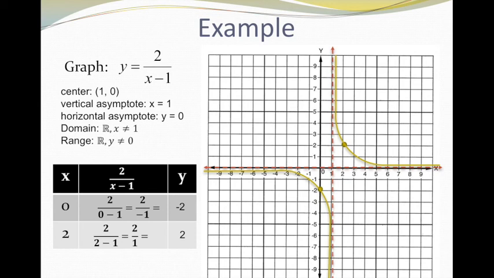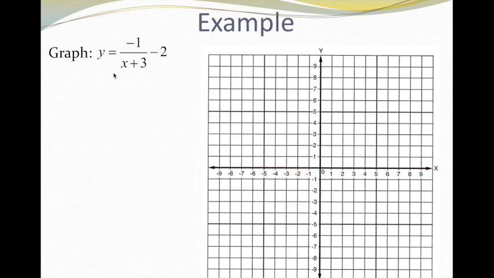Okay, let's try this again. Now we're going to graph y equals negative 1 over x plus 3, minus 2. My center is going to be negative 3, remember the opposite sign of h, and negative 2. My vertical asymptote is x equals negative 3.